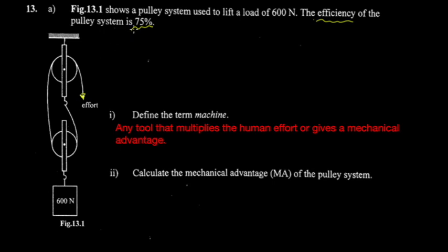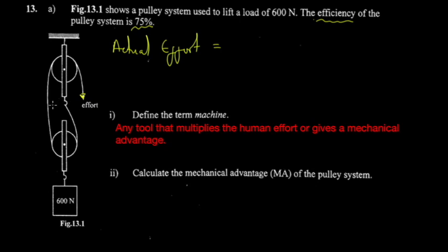The problem now is that this pulley system is actually just 75% efficient. So it means that there is some work which is done against our frictional force. To get the actual effort, usually we say it is the load over the number of pulleys.